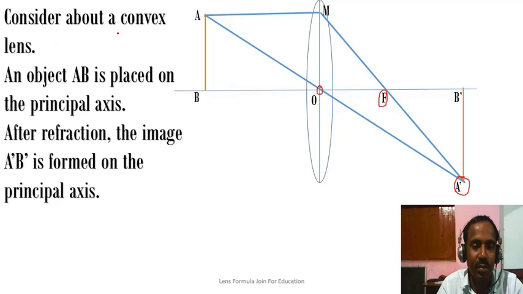So, consider a convex lens and an object AB placed on the principal axis. This is the principal axis. After refraction, the image A dash B dash is formed on the principal axis.